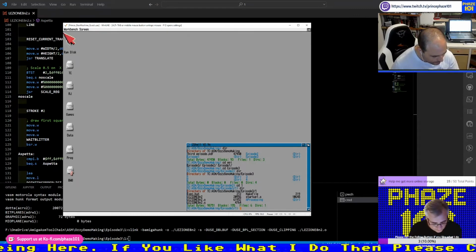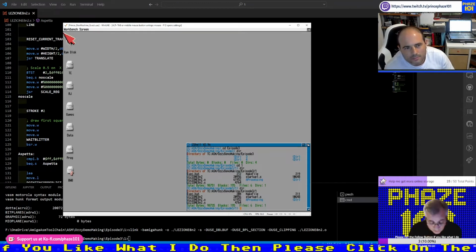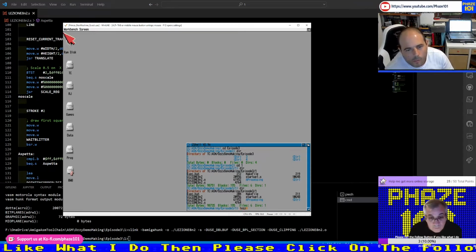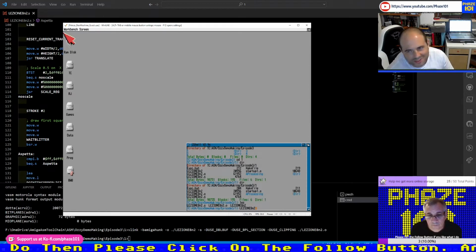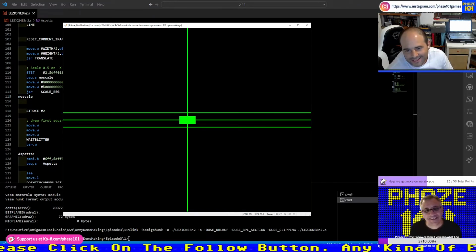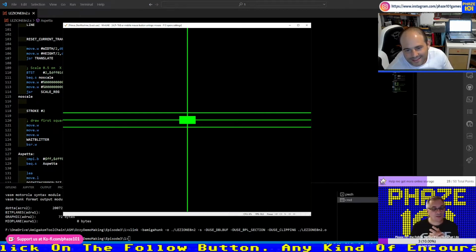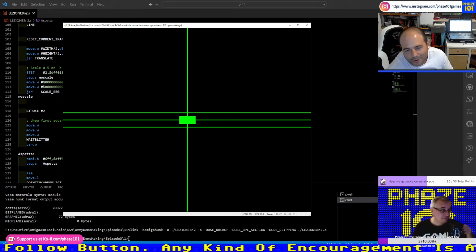Okay, so we assembled it, and we should run. The name of the file is always the same. Yeah, this is why it is confusing. Okay, there you go. It's not a square anymore. Should be, I hope. No, it's not.